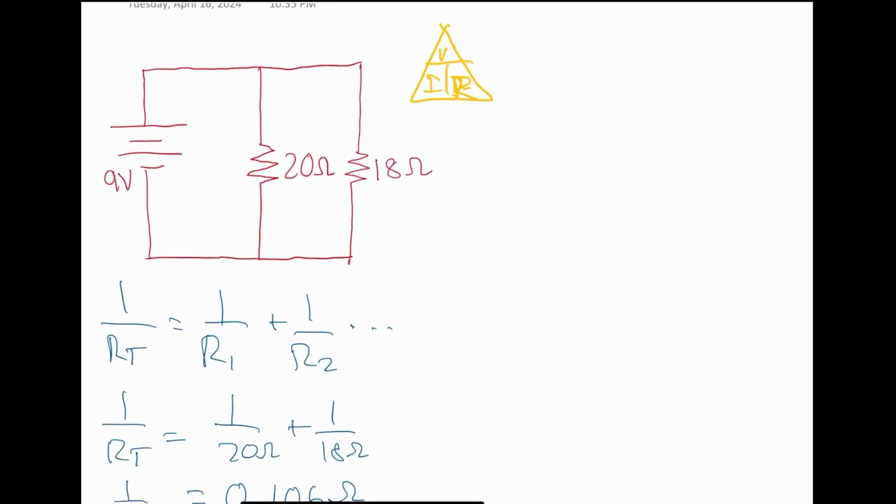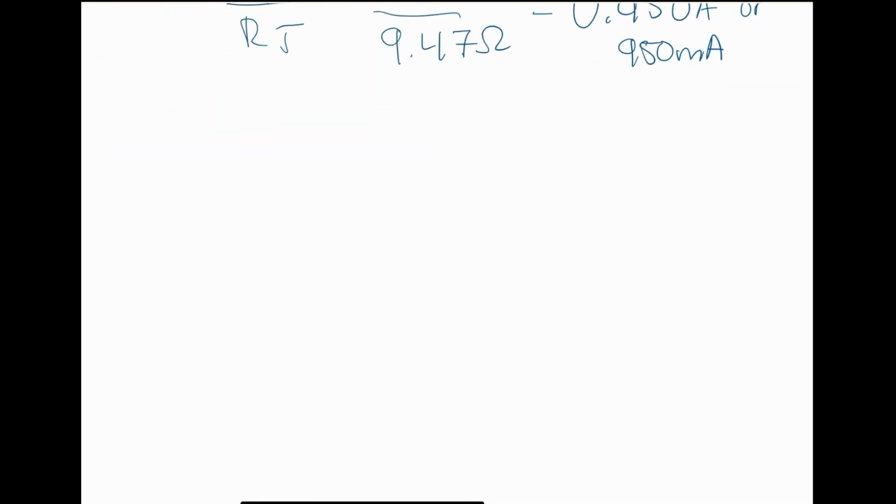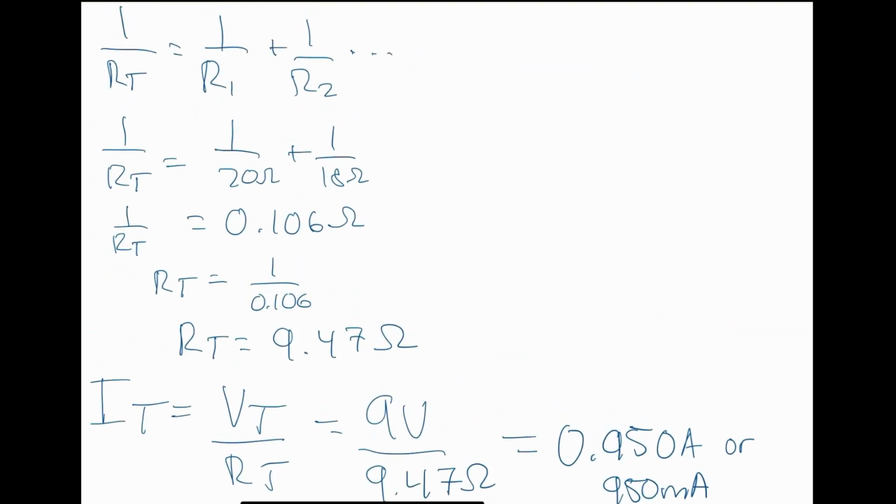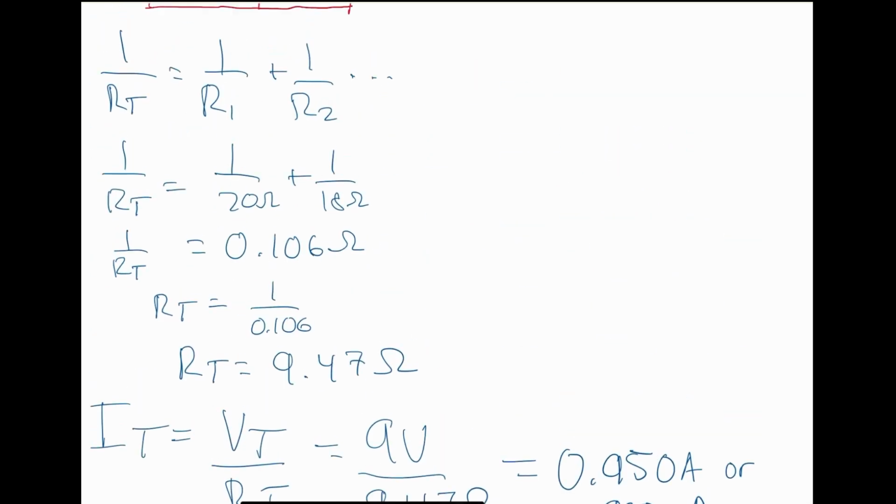Now we want to find the current in each resistance. Once again, we know that current changes and voltage stays the same throughout. It's constant. So using this, we also use Ohm's law once again.